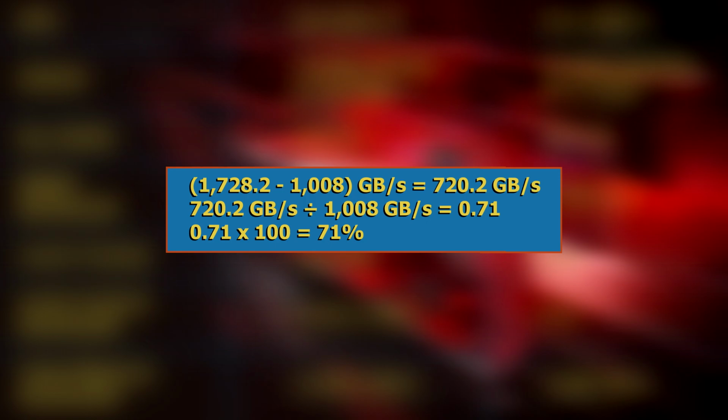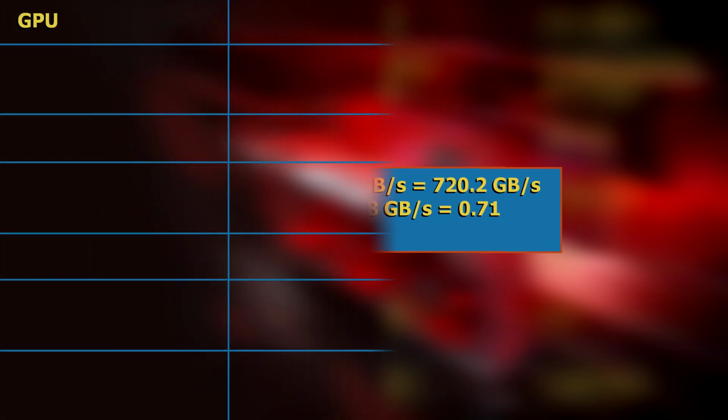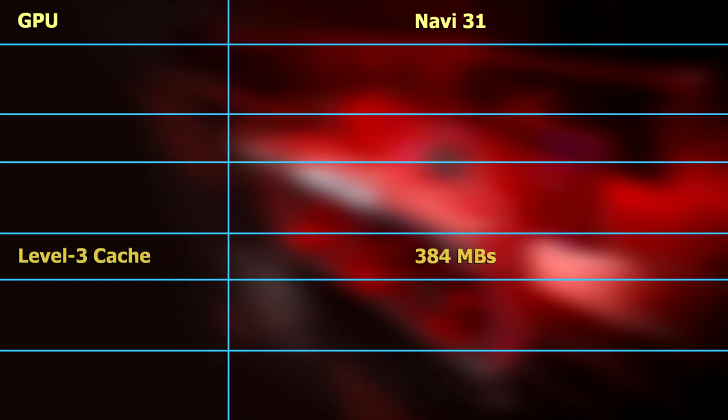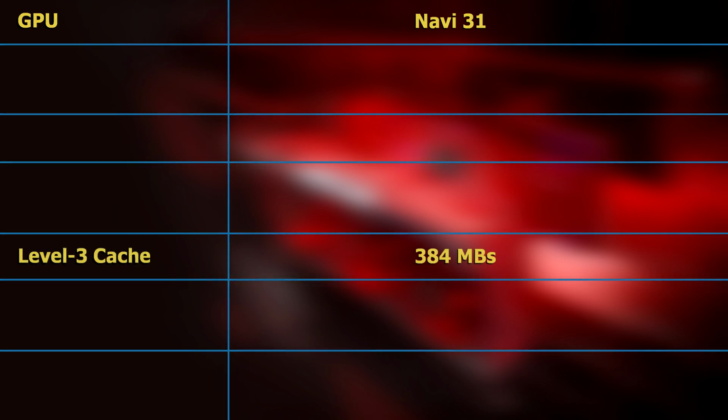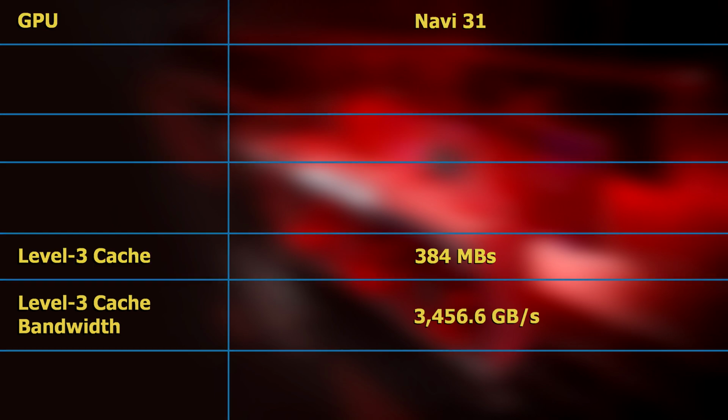This information provides us with a general idea of how much greater the effective bandwidth of RDNA 3's GPUs will be, because the top chip of RDNA 3, codenamed Navi 31, will purportedly have 384 megabytes of Infinity Cache. That's 3 times the amount that the RX 6950 XT has. Assuming that it runs at the same speed, the bandwidth of Navi 31's Infinity Cache would be, well, 3 times that of the RX 6950 XT's, which means that it would be 3,456.6 gigabytes per second.